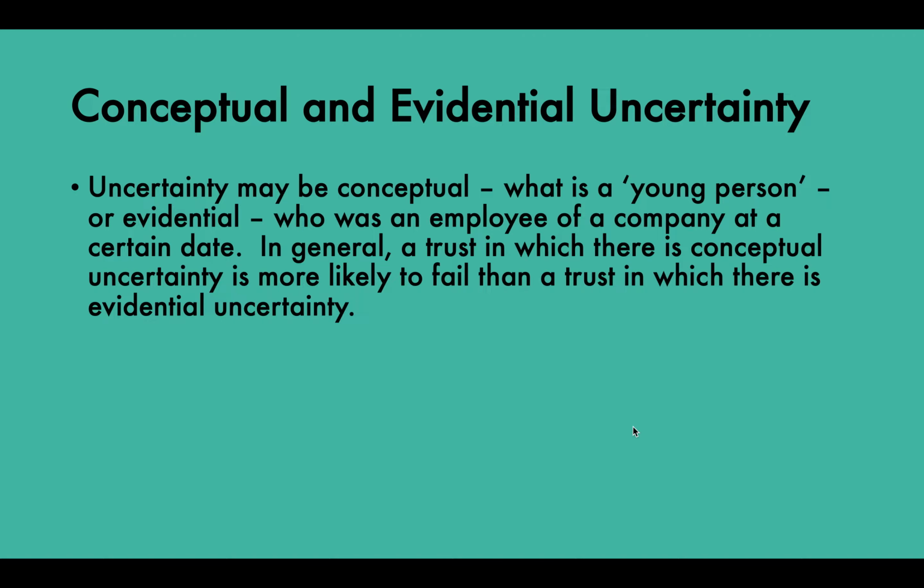Obviously, if the terms used are unintelligible to the trustees and the court, the trust cannot be carried out. Often, there is conceptual uncertainty where vague phrases are used, for example, friends of the settlor, or good customers, or pure-blooded Englishmen, or useful employees. In short, if it is found to be impossible to be certain of the concept, the trust will fail.